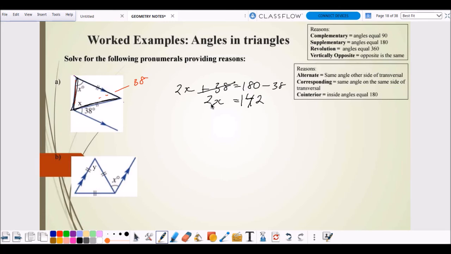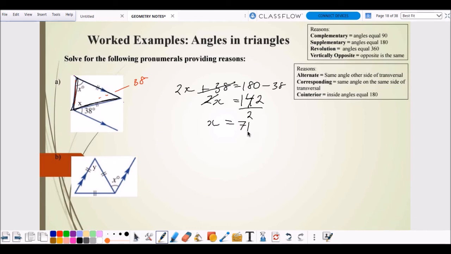That's 2 times x, get rid of that, it's a times 2, so here it becomes divided by 2, or you can do divided by 2, whichever one works for you, but don't do both of those, because they'll be wrong. So divided by 2, therefore, x must equal 71. So these two angles are 71.